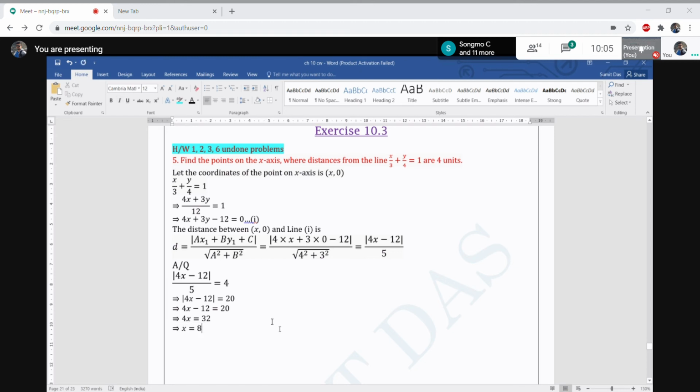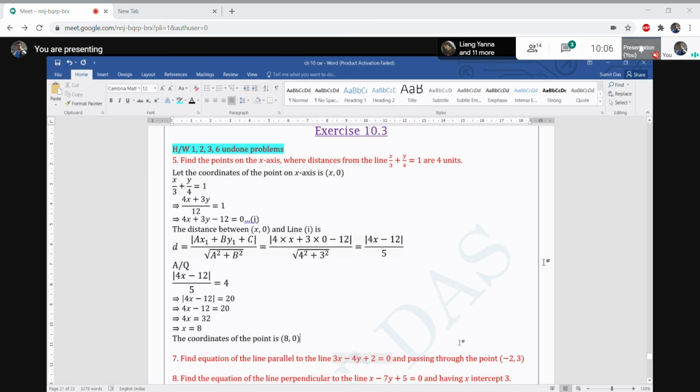Sorry, this is not 8 units. We have to find the point, right? X is 8, we took x comma 0, right? The coordinate of the point is 8 comma 0.